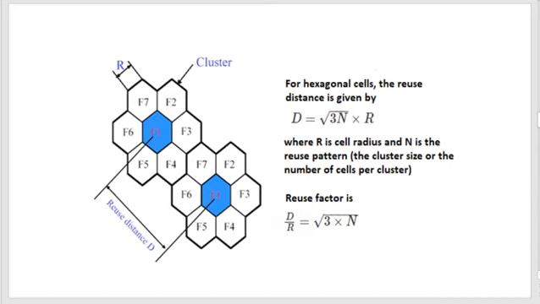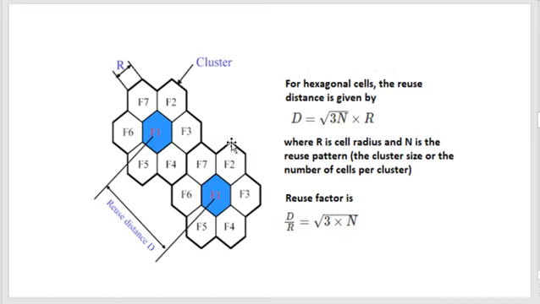Now you see here, this is F2 and I have kept this as F2. So they are considering this. Now there is a stipulation that if you are reusing the frequency, the minimum distance between the two cells using the same frequency is governed by the formula D = √(3N) × R. R is the radius of the cell, from here to here.